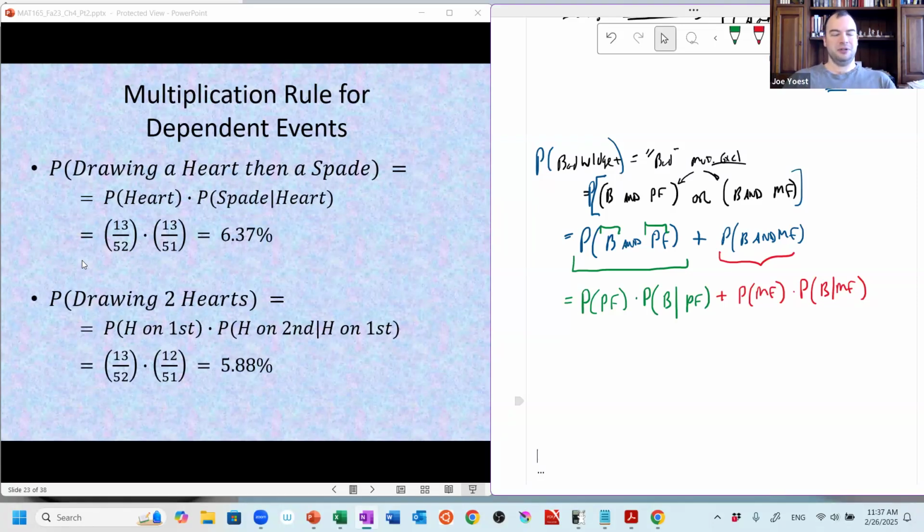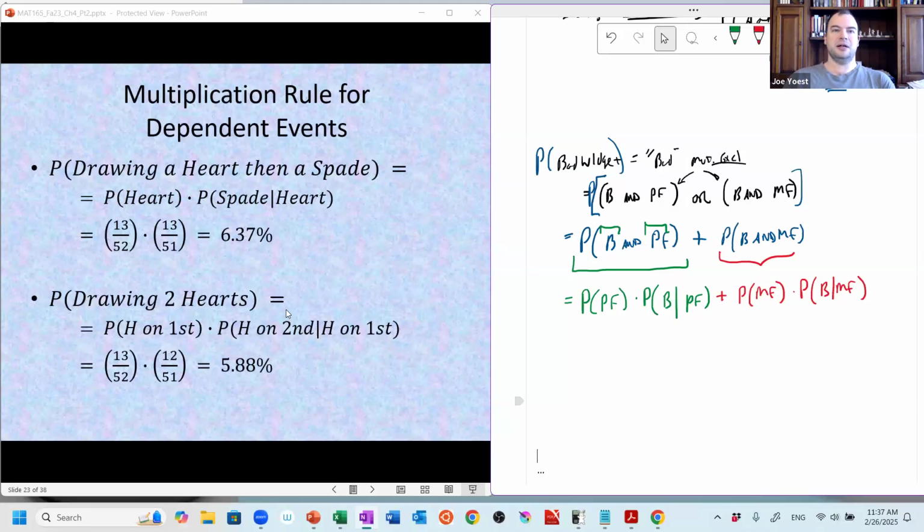So you can imagine, if you know a bit about poker, getting a flush, getting five cards that are all the same suit, that's kind of unlikely to happen because if I draw two hearts on the first two draws, then on the third draw, there are only 11 hearts left in that deck, and there are still, roughly speaking, 50 cards left in the deck.